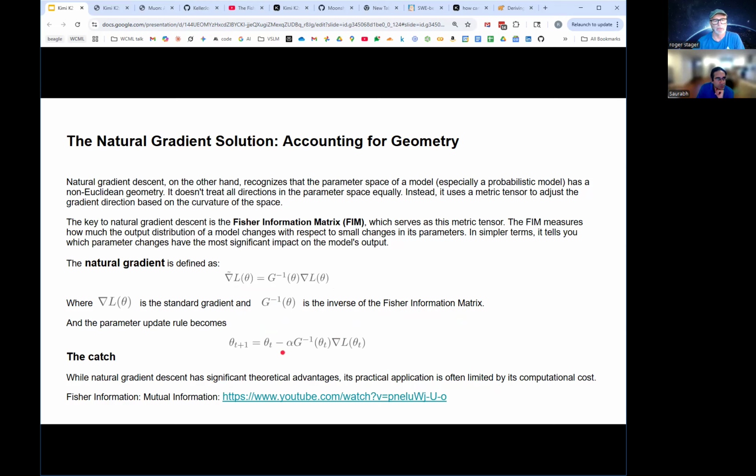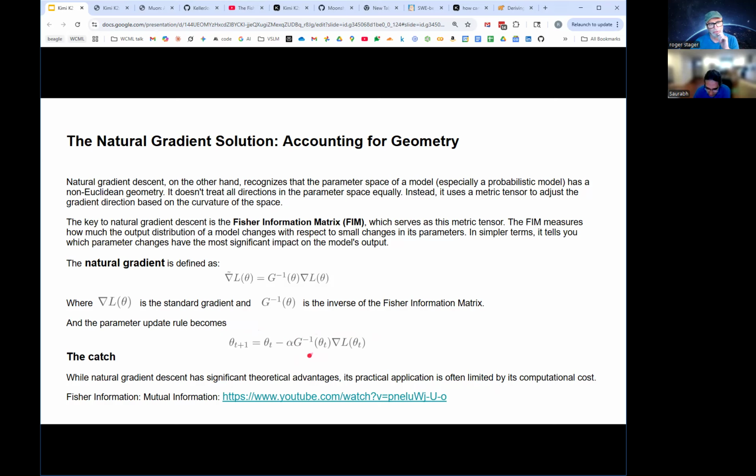But one of the problems is that in order to use this Fisher matrix, you have to compute the inverse of the Fisher matrix, and the dimensionality of that is the size of the parameter space. So it's a ridiculously large matrix and makes inversion virtually impossible. There are some approaches. I think Kronecker decomposition was one of the ways to try to approximate that inverse.